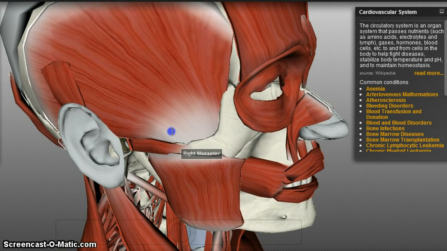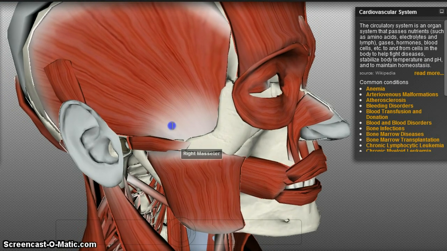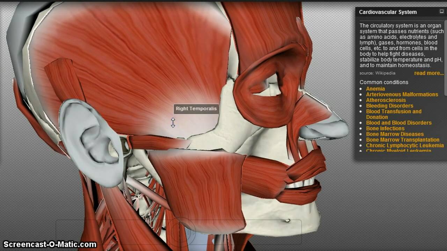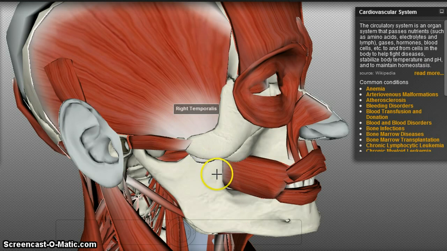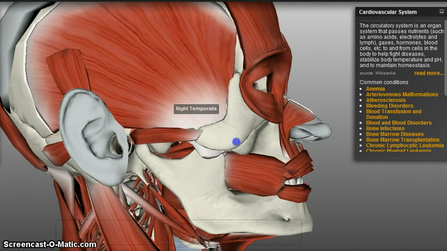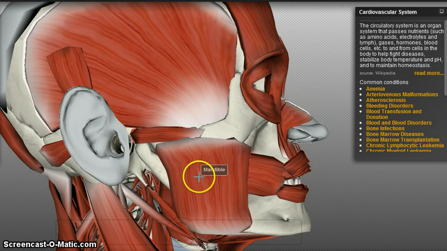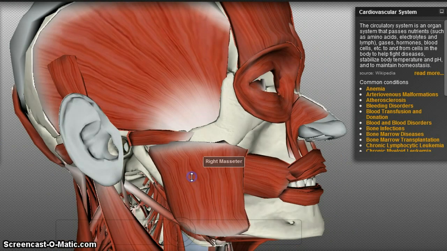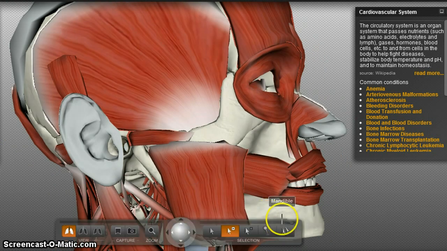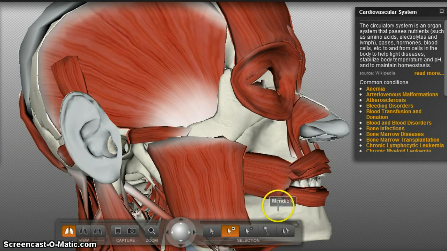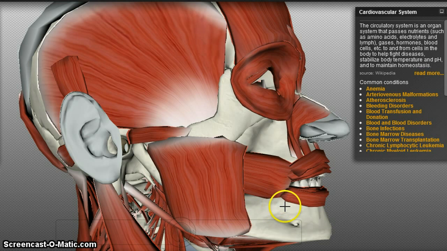This inserts into the upper half of the ramus and also onto the coronoid process, which is here, and the upper half, which is just around here. Its action is to posteriorly elevate and to protrude the mandible. Posteriorly elevate is to raise the mandible up and down, and protruding is the action of bringing the mandible forward.